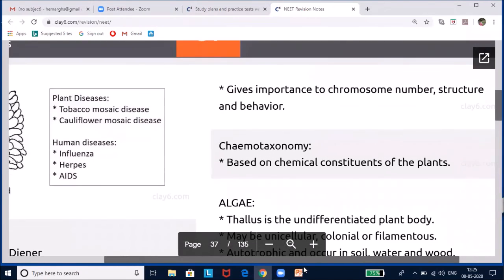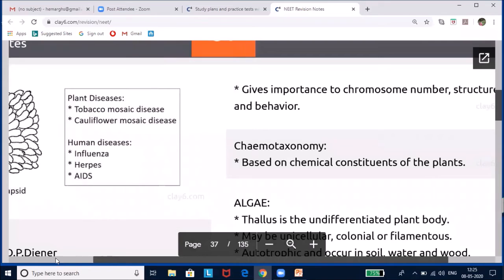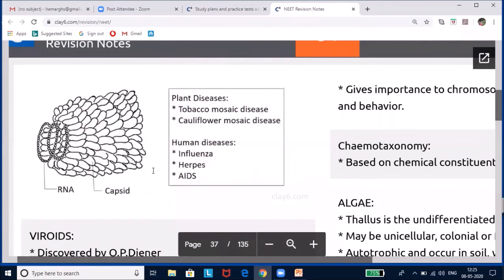Now, structure of the virus. If you look at the structure of the virus, you just see genetic material. The genetic material can be either DNA or RNA, which can be single-stranded or double-stranded. It is covered by a protein coat; the individual units are called capsomeres, and the whole protein coat is called the capsid.